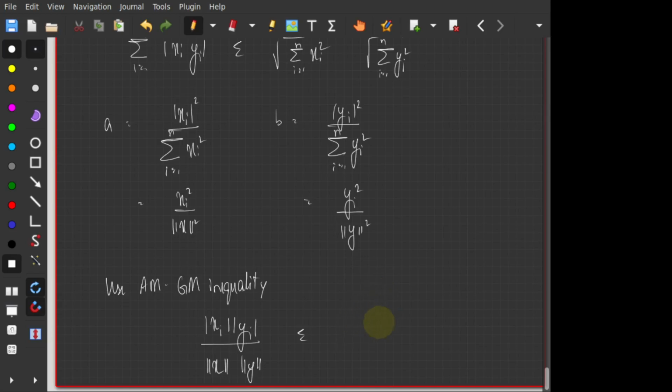So xi square by norm x square plus yi square by norm y square, into half.